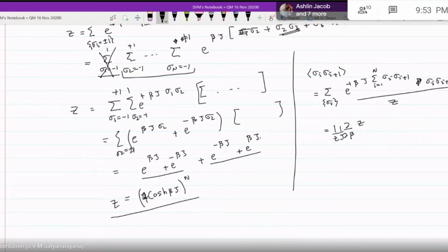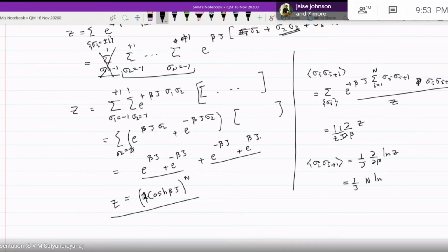So that gives me ⟨σ_i σ_{i+1}⟩ equal to 1/Z into ∂/∂β of the logarithm of Z.